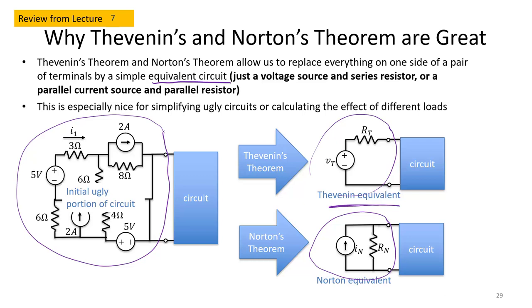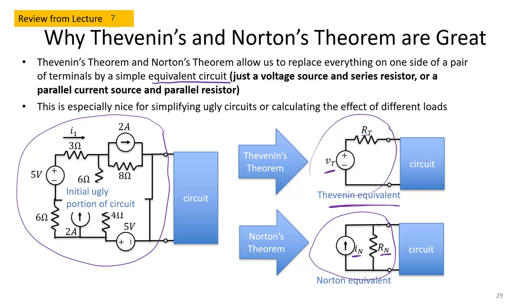Thevenin's theorem tells us we can get a voltage source with a series resistor. The voltage of that source is our Thevenin voltage, and the resistance of the series resistor is the Thevenin resistance. Similarly, the parallel current source is our Norton current, and the parallel resistance is our Norton resistance.